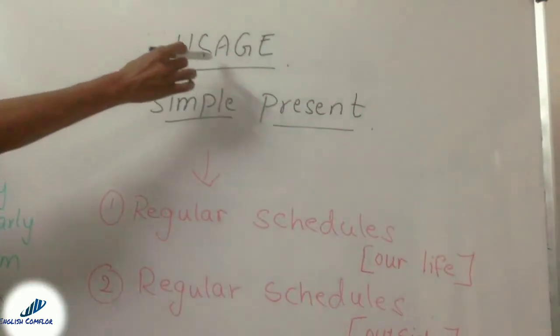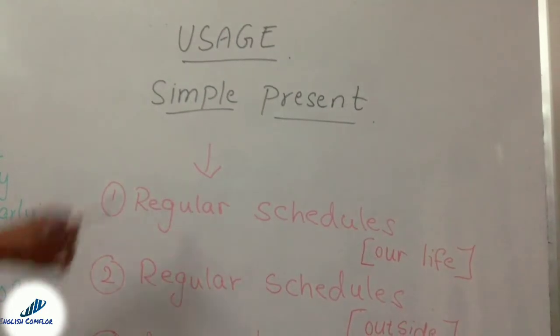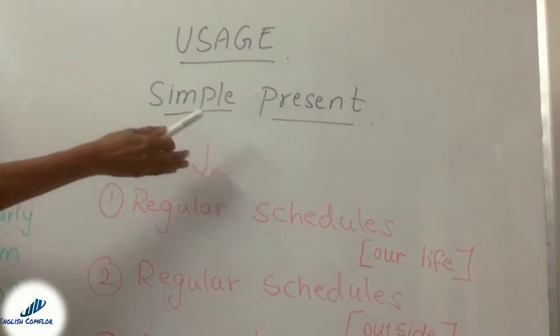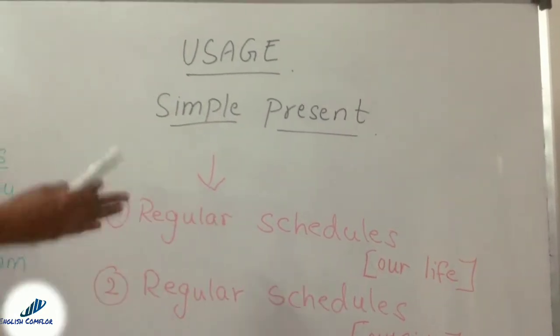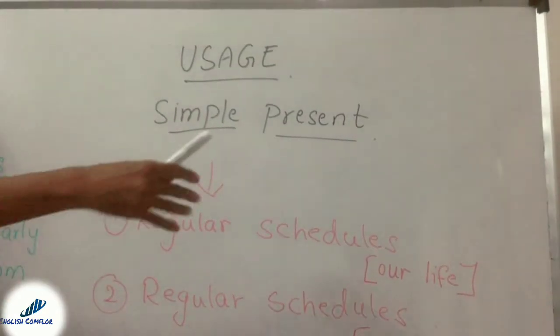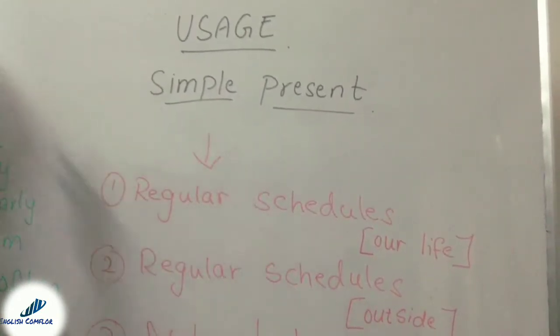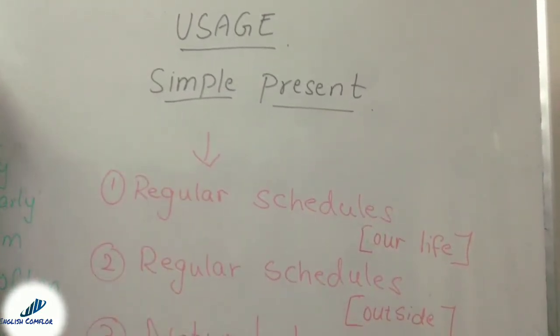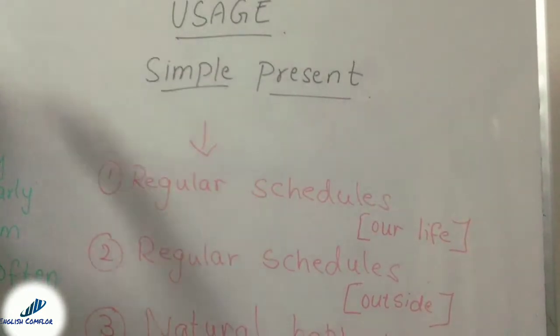Now coming to the usage of simple present. Simple present is used, so where do we use it? We use it at the moment. For example, I take class now for you guys, or for things which happen on a continuous or regular basis, which happen unceasingly.